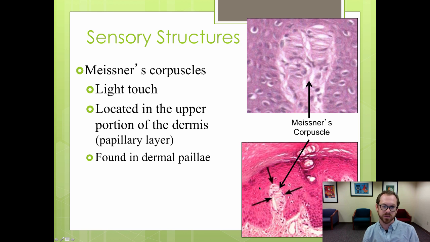And so this is, for example, if a fly walks across your hand, your Meissner's corpuscle will pick that up. If wind blows on your face, a Meissner's corpuscle will sense that. And this makes sense because these are superficial layers of the dermis, and they're projecting superficially into the epidermis, and so they're going to be more likely to detect this light touch.